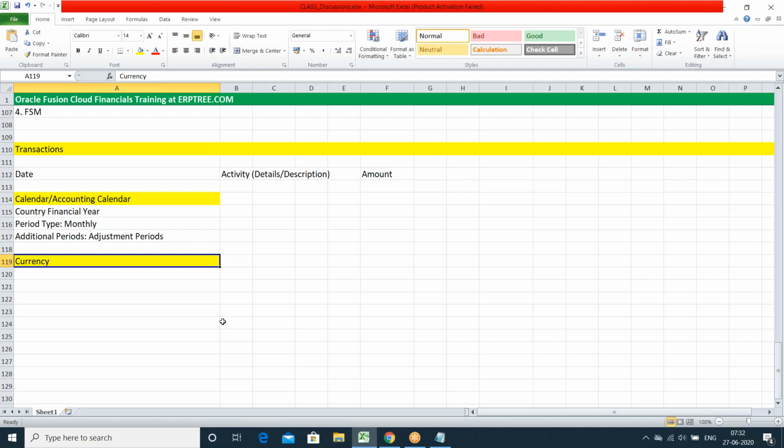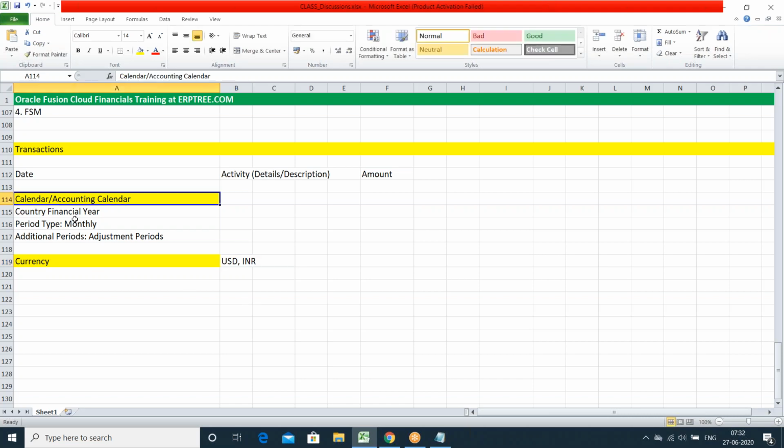If it is the US currency, they give the currency name as USD, United States dollars. For India it is INR, Indian rupee. For every country they are providing the currency codes, so we don't need to create them.